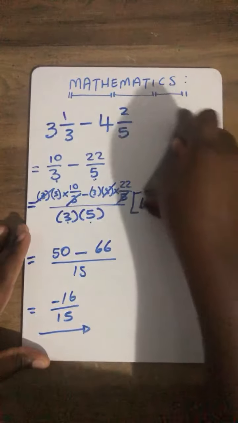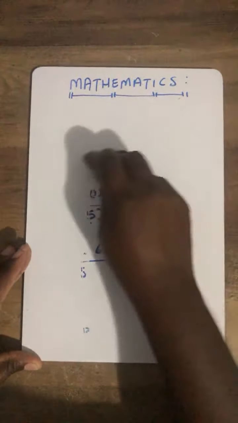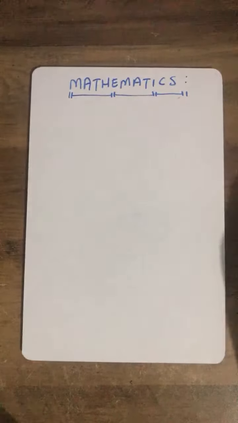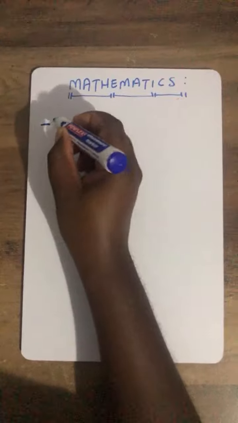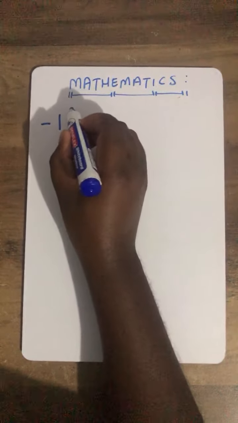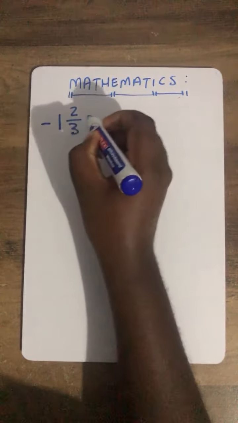Let me add some spice. Let us say for some reason you have -1, let's say 2 over 3 there.